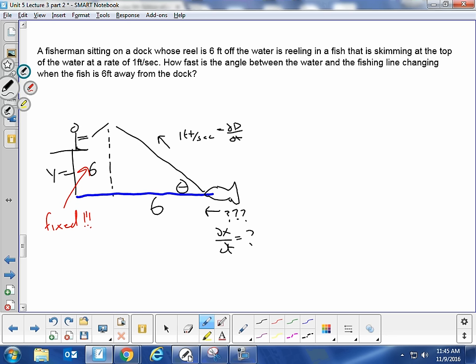But if I was doing this problem from scratch, I'm going to use the fact that I know what dd dt is. And I know that this is fixed, so I use sine, because I know what dd dt is.